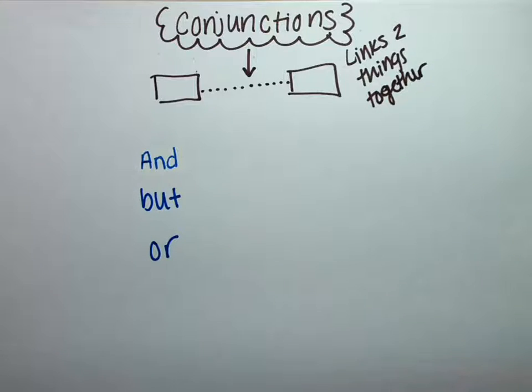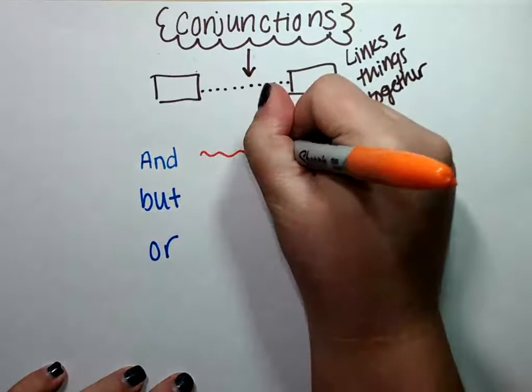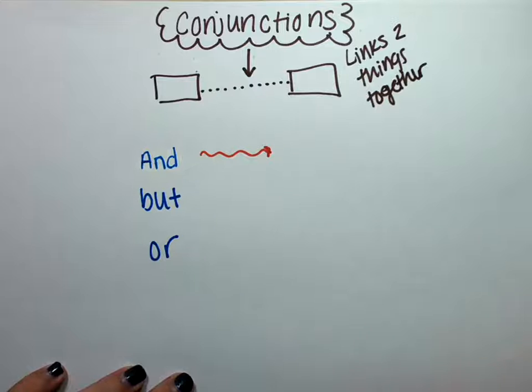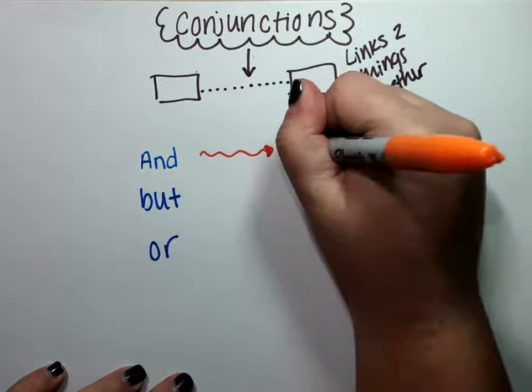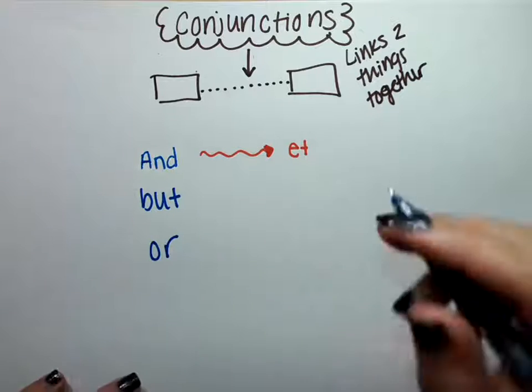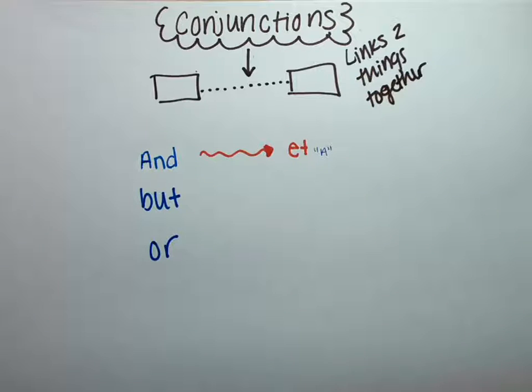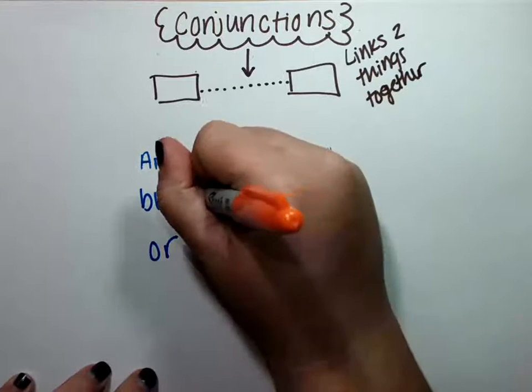So first off, let's talk about and. And in French, you've seen lots of times already, is a. And it's pronounced like the letter A. So I'll write off on the side here how you kind of say these. All right, next we have but.